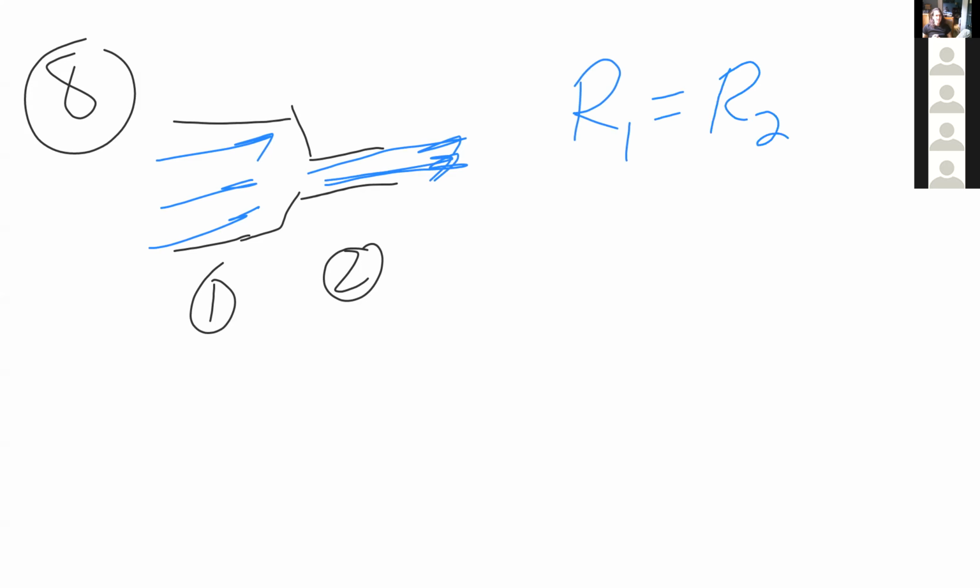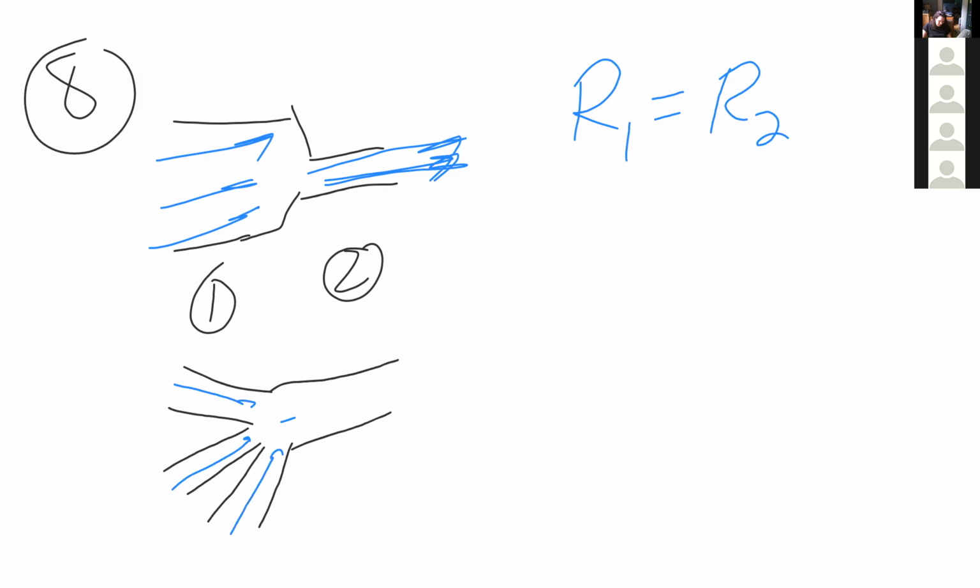So in problem number 8, in part A, you're given that there are 3 smaller pipes feeding into a fourth, and they give you the flow rates in liters per minute in the first 3, and they ask for the flow rate in the fourth pipe. Since all of those pipes are feeding in, all the water that comes from each one of these pipes has to flow through the fourth one.